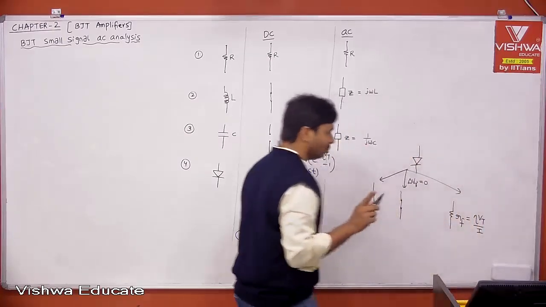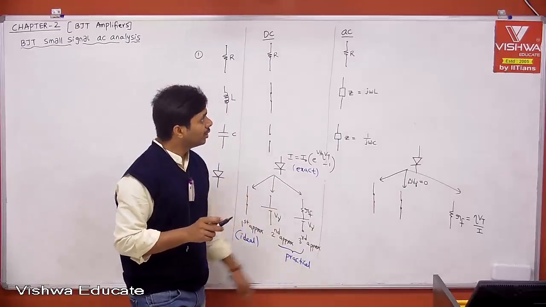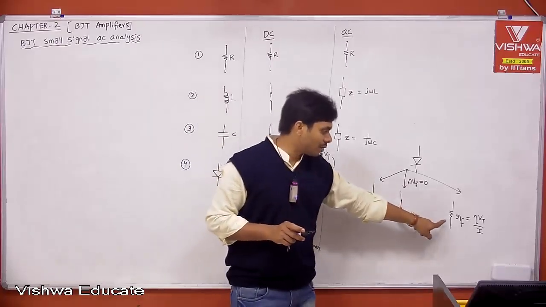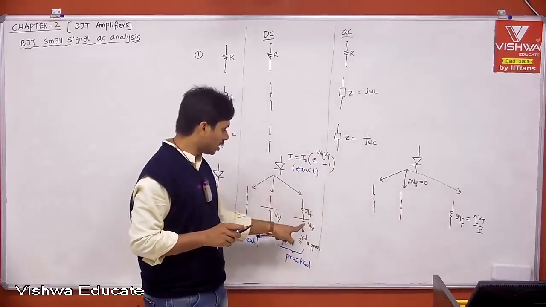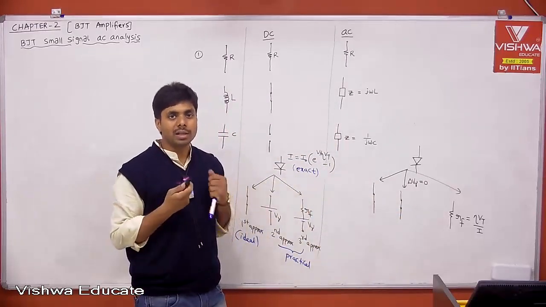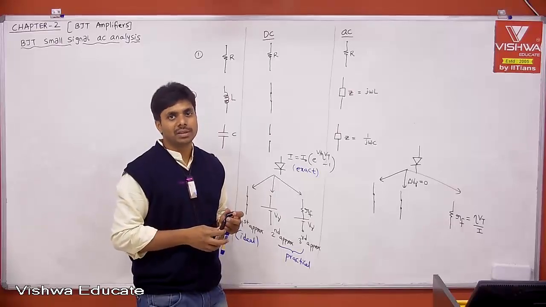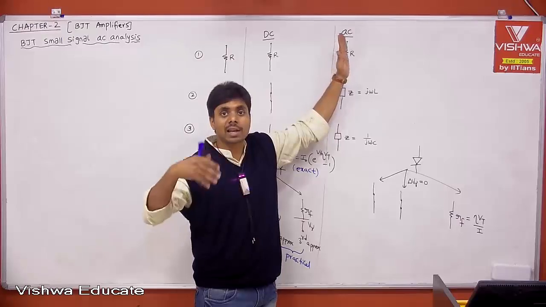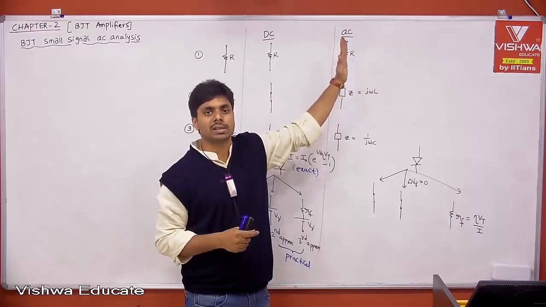Let me tell you a very important note. During AC analysis, if you take your PN junction diode as some forward resistance and short the V gamma, meaning V gamma is 0, remember that is for our understanding and analysis purposes. While doing AC analysis, we are analyzing the circuit for AC signals.